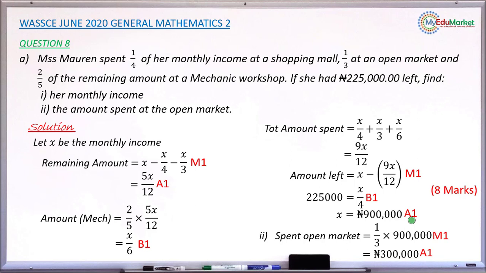The next mark is for attempting to get the amount she spent at the open market, 1 over 3 times the monthly income 900,000. You have method 1 mark. And when you have the final answer of the amount she spent at the open market, exactly 300,000 naira, you have accuracy 1 mark. So in total, if everything is answered correctly in this question, you have 8 good marks.